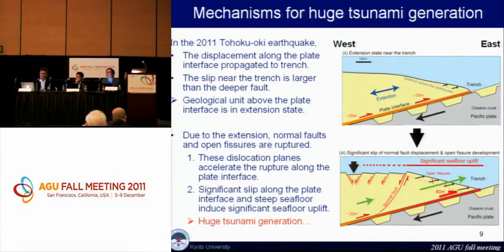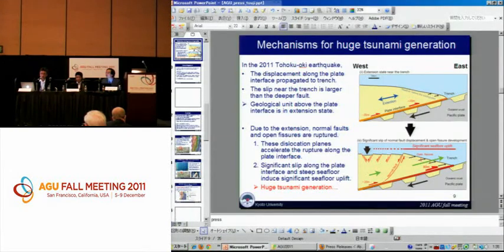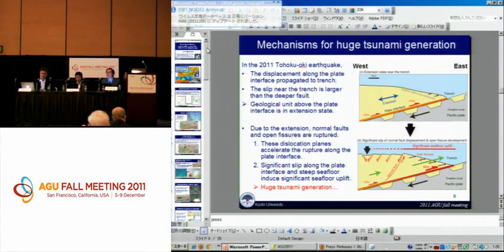Here it is challenging because it was offshore, but there are records of debris and sediment from previous tsunamis that have been investigated in Japan, and I think there needs to be more work done along those lines.